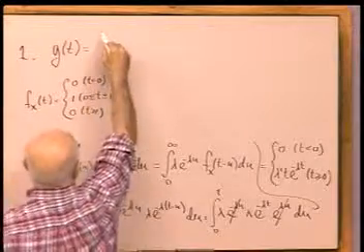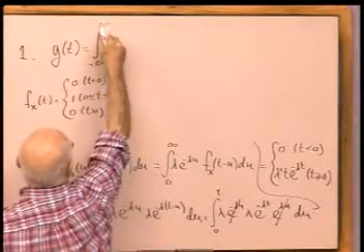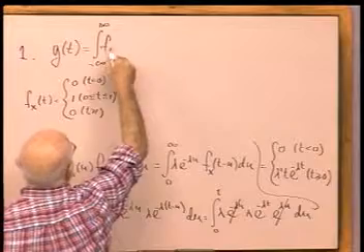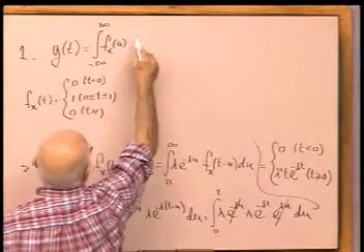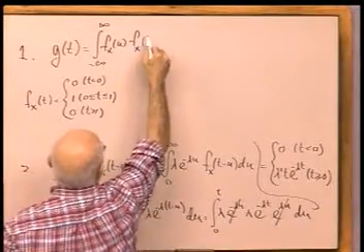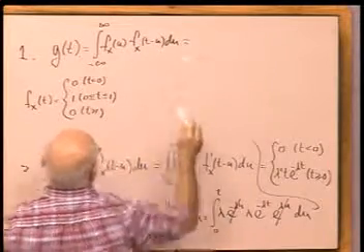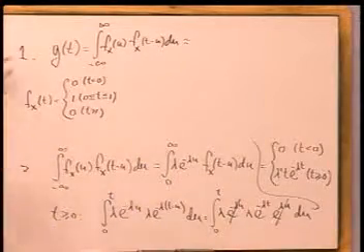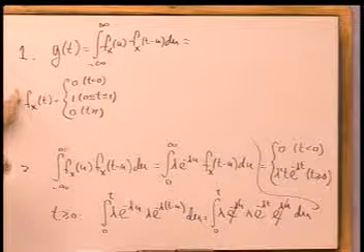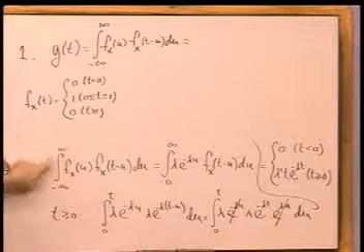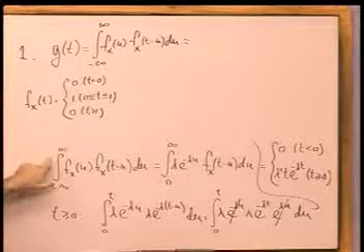And we want to evaluate the integral between minus and plus infinity of little f evaluated at u times little f evaluated at t minus u du. So I want to simplify this based on this particular definition, just like I simplified this based on the definition for number 2.